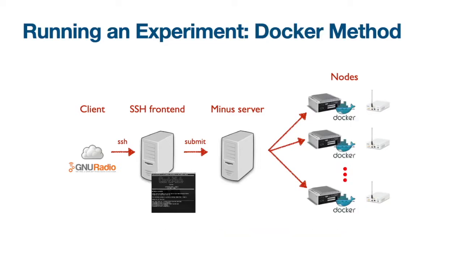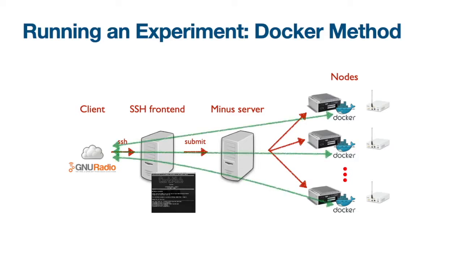The second method is the Docker method. In this method, the user also connects to the SSH frontend and then submits a task. But unlike the legacy method, the Minus server is actually deploying a Docker container on the nodes. And then after that, the user can connect through SSH all the way from his home computer to each one of the nodes.